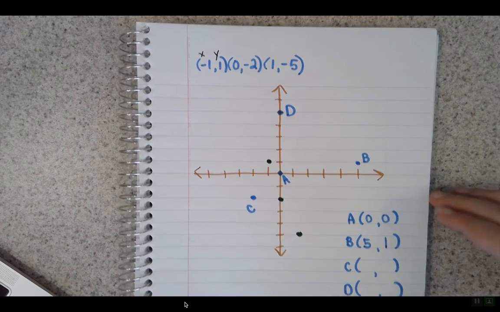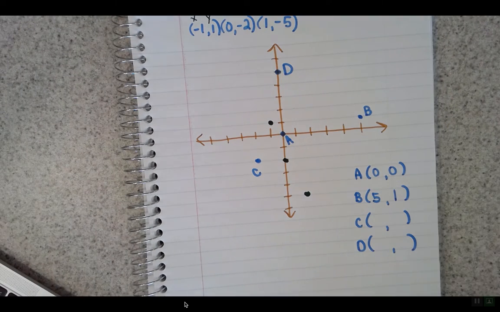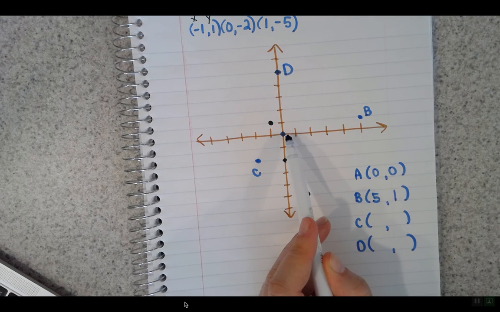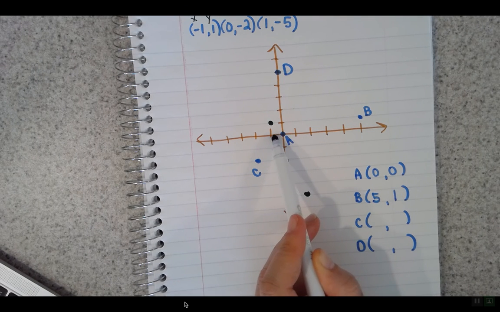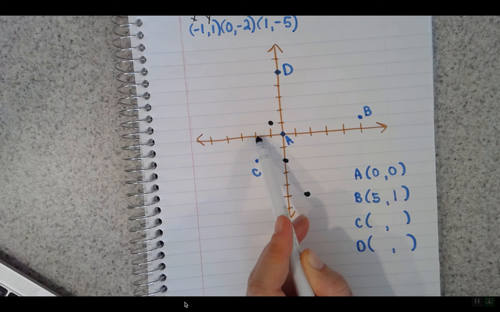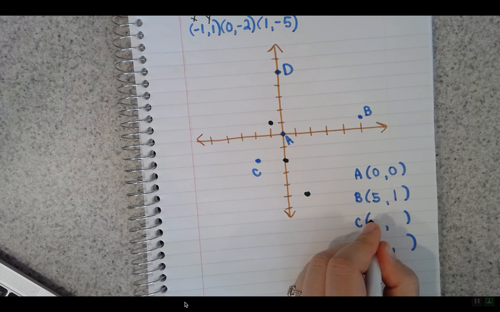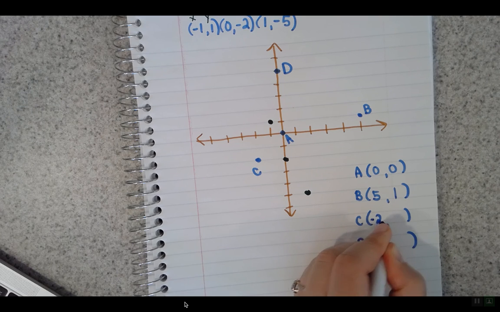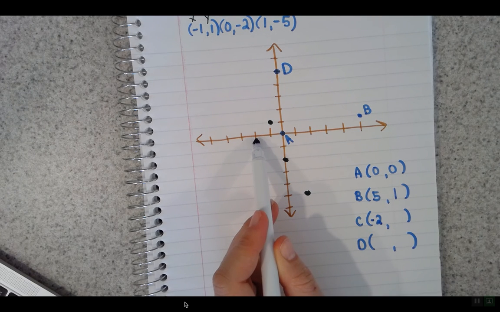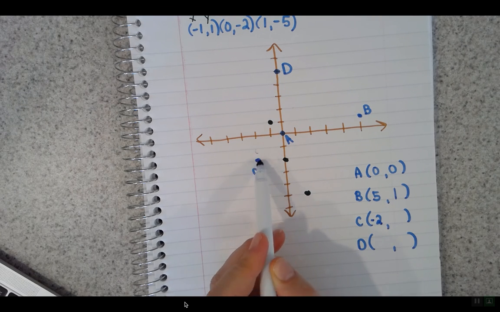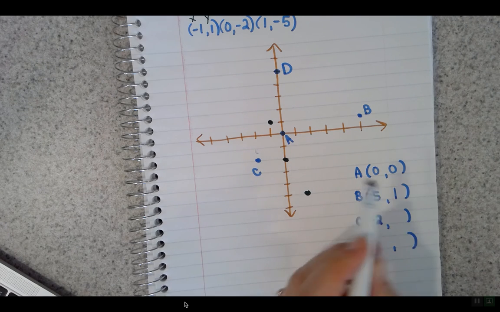Okay, point C is located here. Starting at the origin, to get to C, I move 1, 2 spaces in the negative direction. So my x coordinate would be a -2. And from there, I go downward 1, 2 spaces. So my y coordinate would also be a -2.